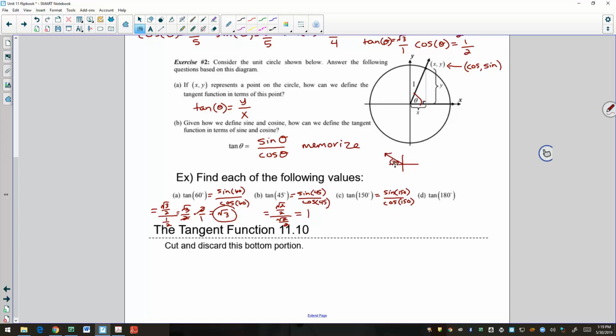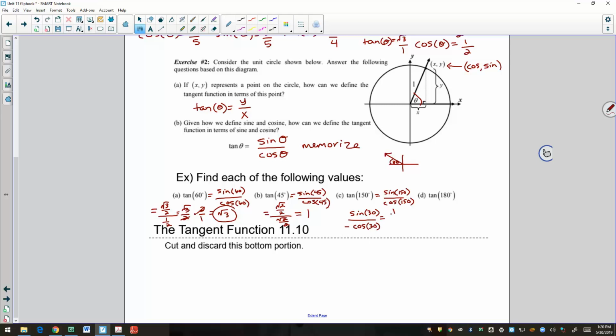So therefore, I can use the sine and cosine value of 30, but I just have to be careful if they are positive or negative, because in this quadrant, something is negative. In particular, that something is the cosine, because I'm moving to the left on the x-axis. So when I rewrite this, it's the same as the sine of 30. Sine is positive because I would go up in the second quadrant, but the cosine is going to have to be negative. So it's the negative cosine of 30.